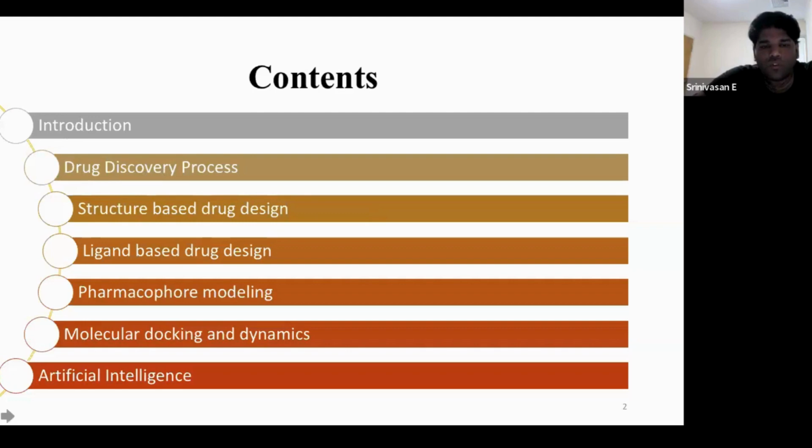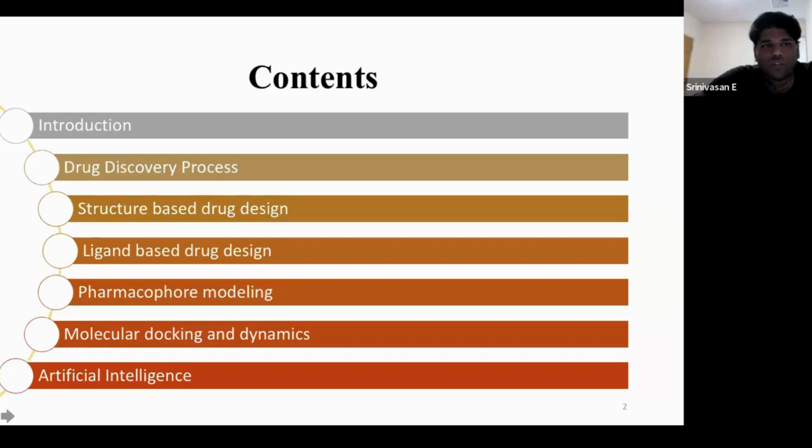Then I'll cover pharmacophore modeling, how QSAR studies are done, and how virtual screening is carried out. Then I'll give a brief introduction on molecular dynamics simulations. I think most of you might not know about this, so it will be a very good session on molecular dynamics simulations. Finally, I'll share some ideas and thoughts about artificial intelligence in computer-aided drug design. That's how my slides are laid out today.